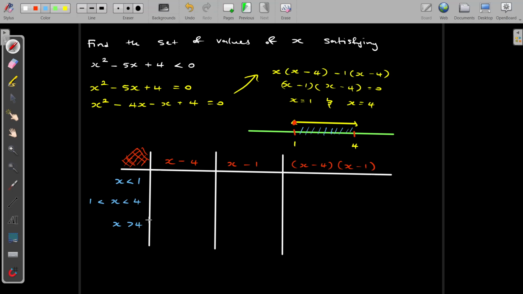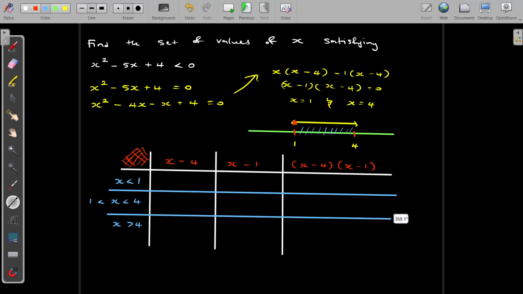So now let's look at how we use these solutions to help us. Firstly, if we're interested in the region where x is less than 1, what is that saying to us? It's saying that we can use values such as 0, -1, -2, -3.